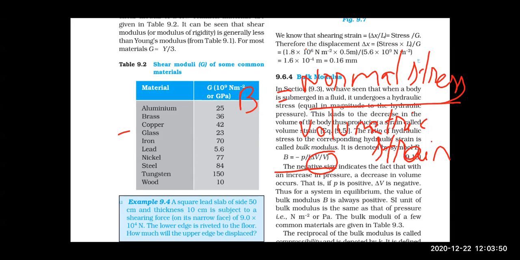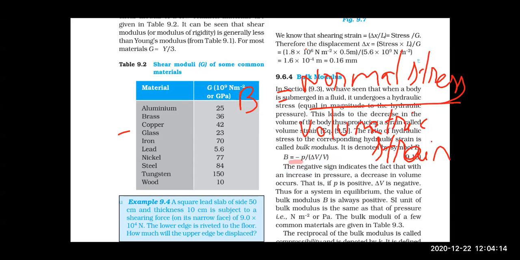And normal stress is what? Force upon area. So we can write, instead of force upon area, pressure. So your B equals P upon delta V upon V. Again, the unit of bulk modulus B is pressure, because volumetric strain does not have any unit, right? And here one more important thing they are showing us about the sign.